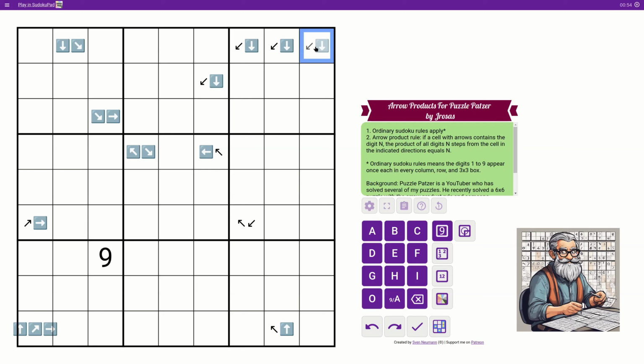But it doesn't matter, those are the same arrows. So 8 in this direction, 8 steps would give us this one, and 8 in this direction would give us this one. And those two could then be 2 and 4, 4 and 2, or 1 and 8, as the product of those equals 8. That's a good start.